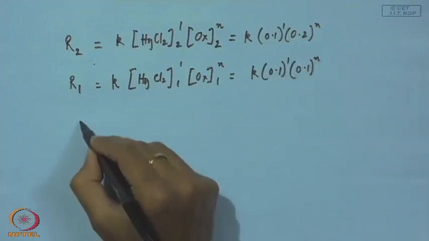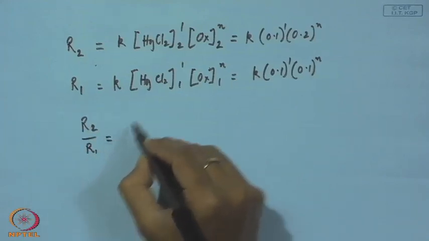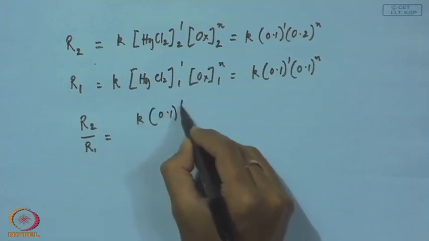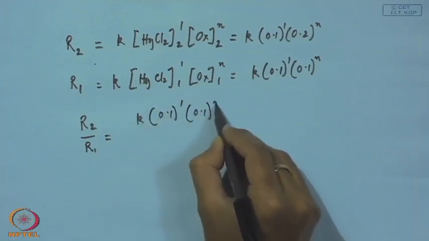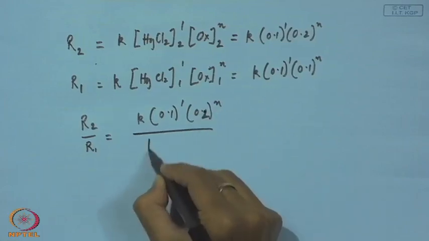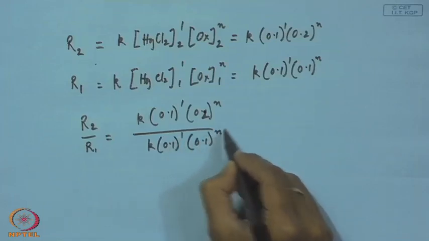So, if we divide R2 by R1, we get K into 0.1 to the power 1, 0.2 to the power n, divided by K 0.1 to the power 1 and 0.1 to the power n.